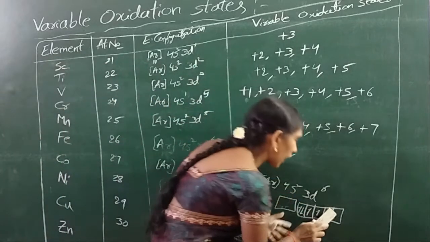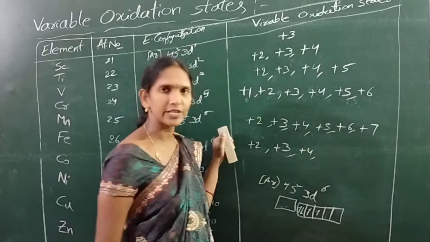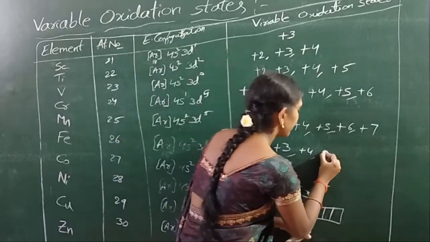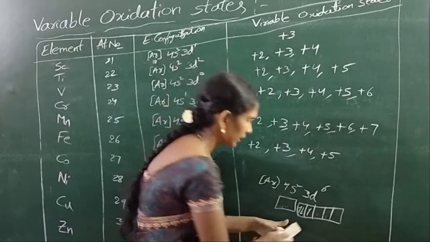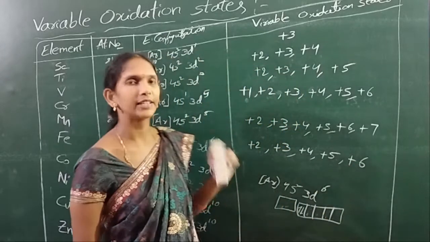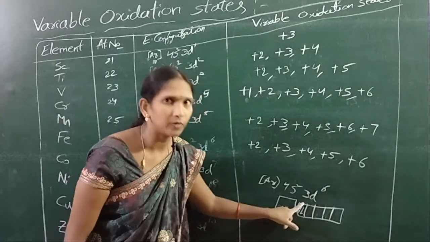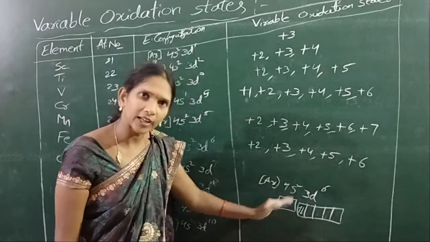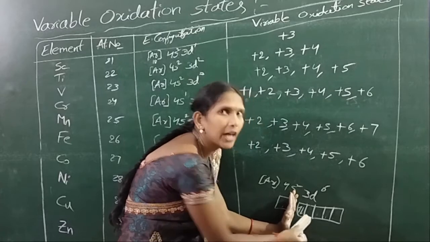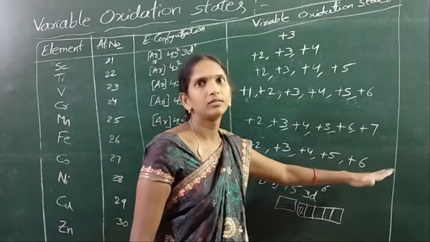I can also remove another electron, that is plus 4 oxidation state, and another electron, then plus 5 oxidation state exists, and the remaining electron can be removed, and then plus 6 oxidation state exists. This electron is not removed. Why? It is paired up. In S, 2 electrons are removed, but in the D orbital paired electrons are not removed. So plus 6 oxidation state is the maximum.